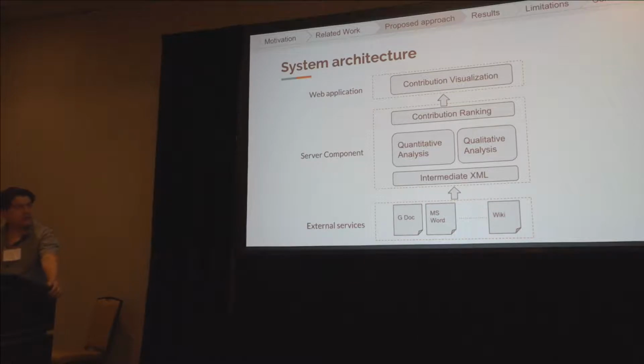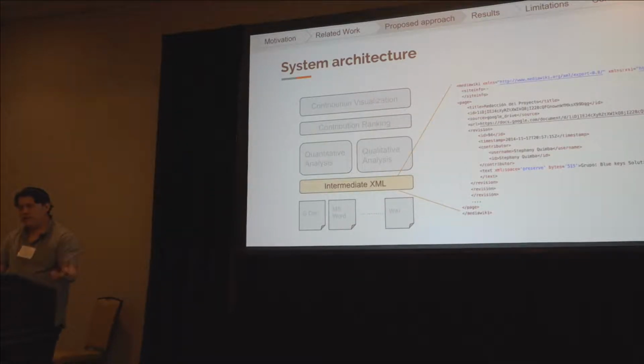So this is the general architecture of the system and the components of the system, like the server and web application, and the system can read several types of documents. And we provide a way to read the documents through an intermediate format based on the Wikipedia versioning of the documents.